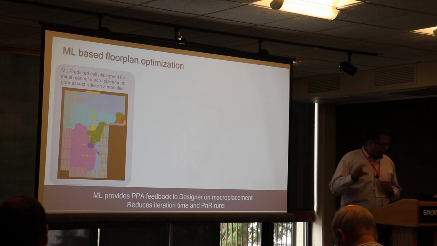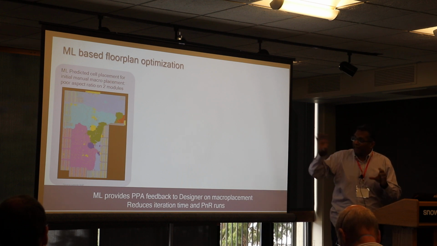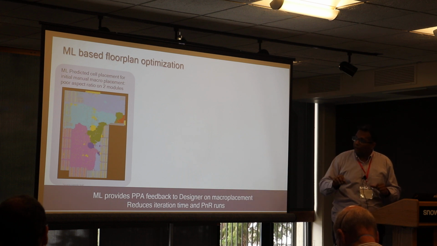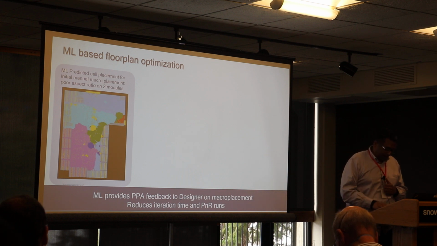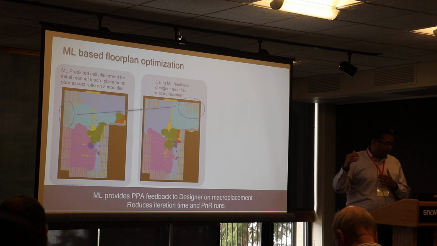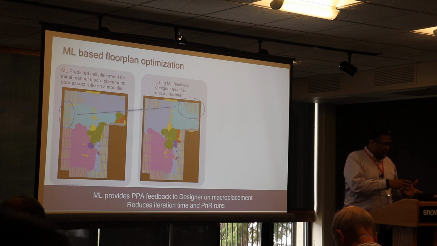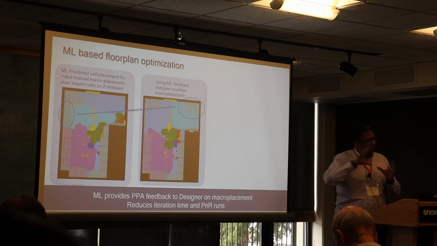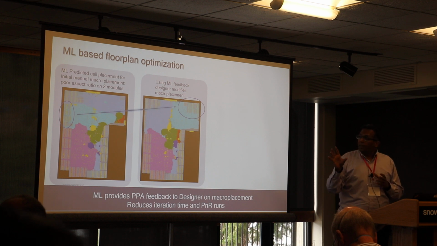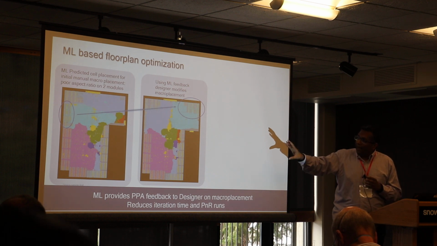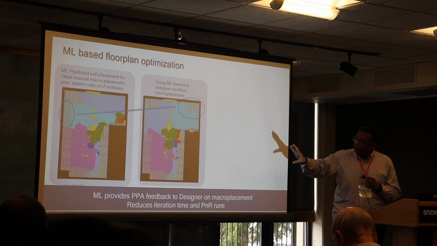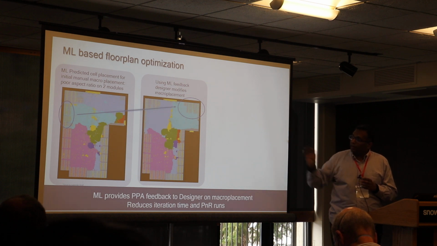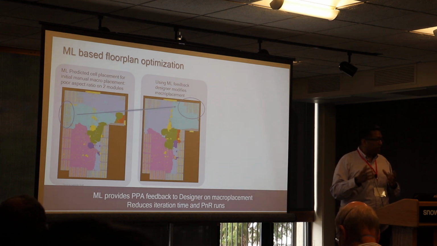If you look at the module placement on the top, the modules and standard cells are placed in a long, elongated way, which was reducing our PPA. With human intervention, once the designer was able to see the placement on the left, he was able to immediately move the memories to the right and put the modules in the proper way to achieve it.